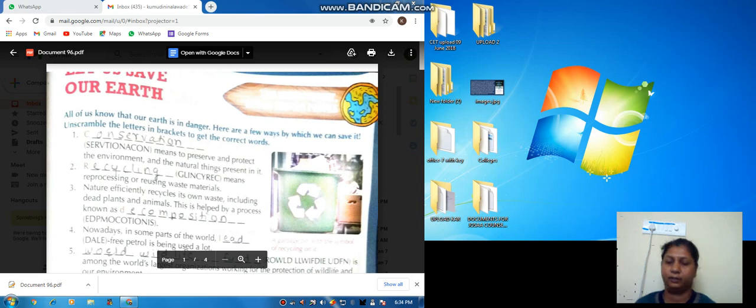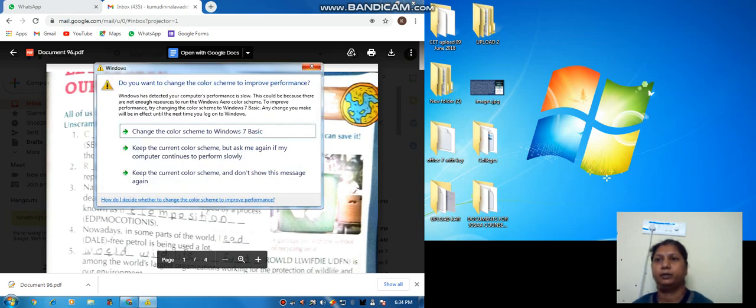we better know the ways through which we can save our earth. So let's start. Dash dash C dash dash means to preserve and protect the environment and the natural things present in it. It is conservation. By conservation we can protect and preserve our environment.